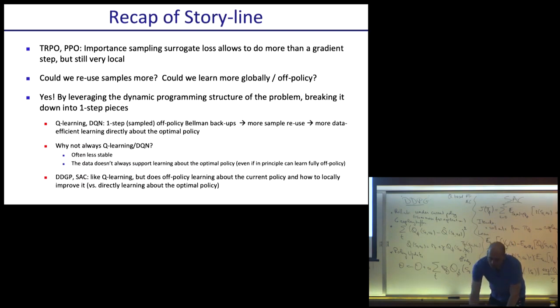So, a quick recap of the storyline. TRPO uses importance sampling on the surrogate loss to be able to do more than just a gradient step. But it cannot reuse samples as much as if you start looking at the dynamic programming formulation, where you look at one-step transitions rather than full rollouts. By leveraging those one-step transitions, you can go off policy.